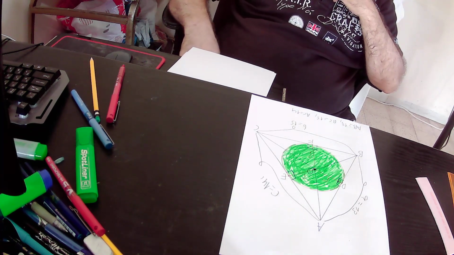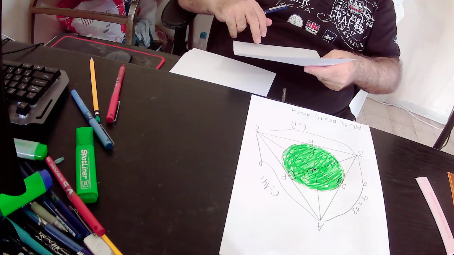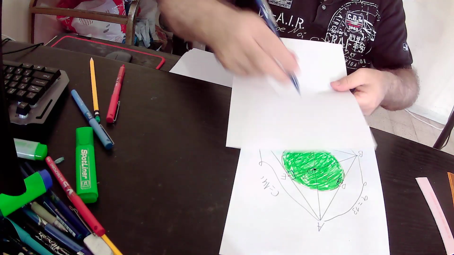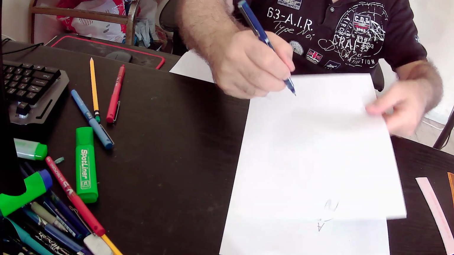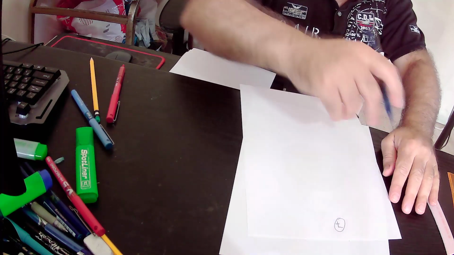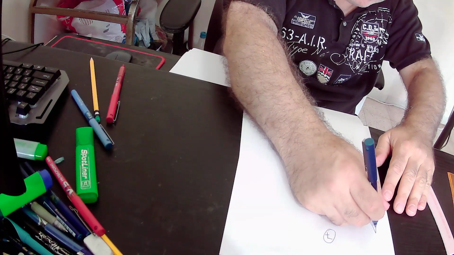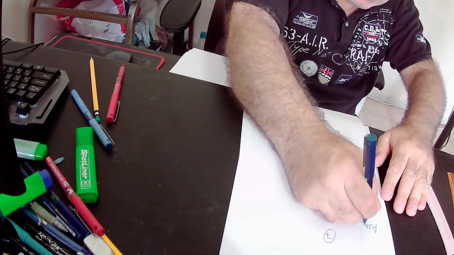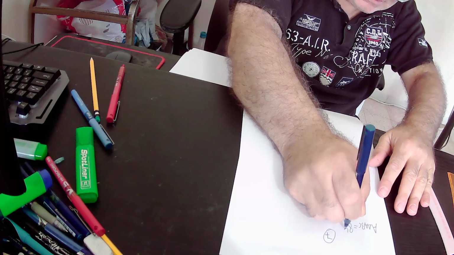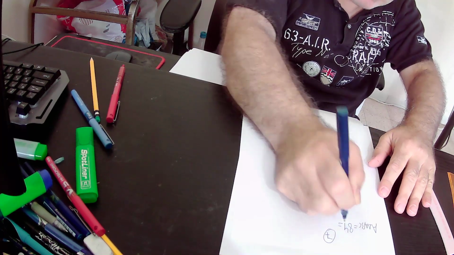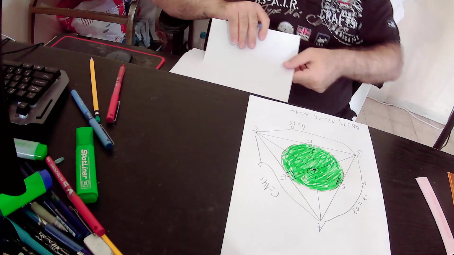Okay? So the equation will be that the area of triangle ABC, which is 84 square units, equals the sum of the areas of the three small triangles.